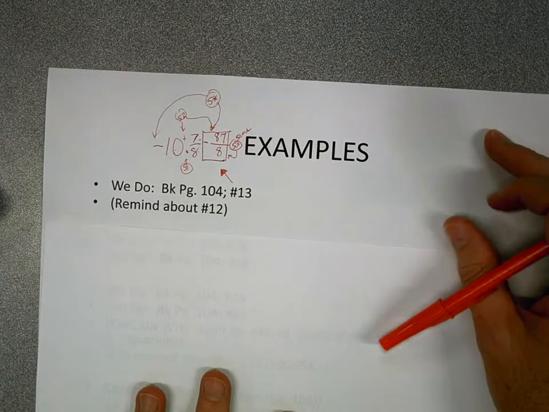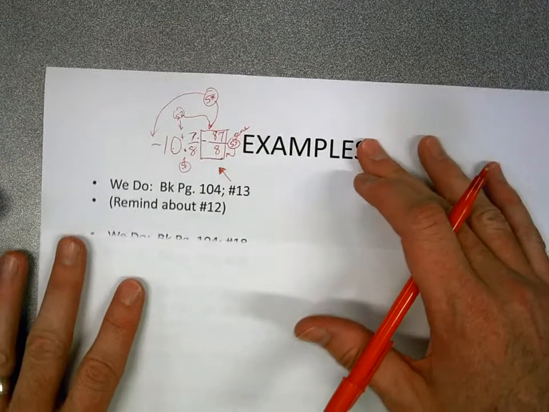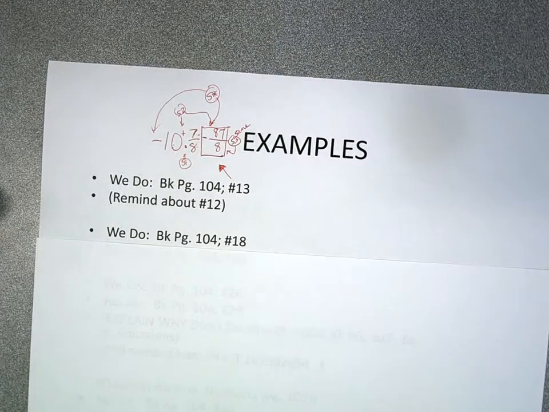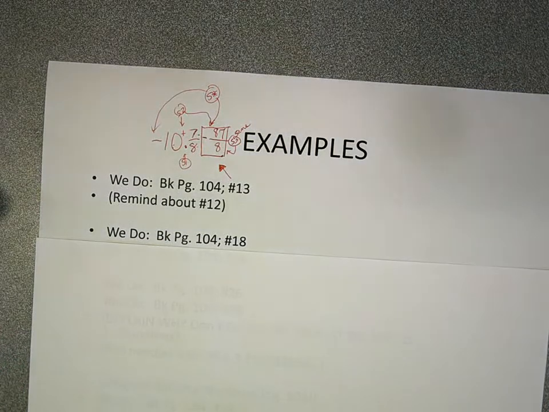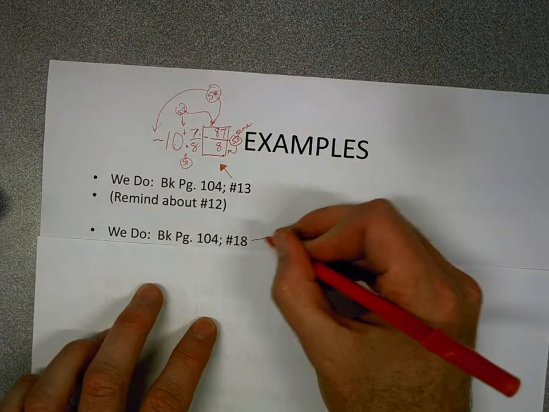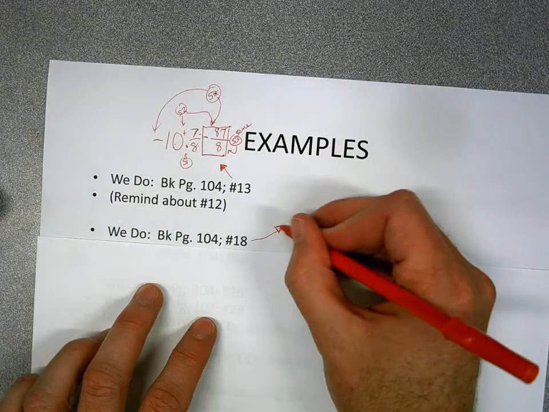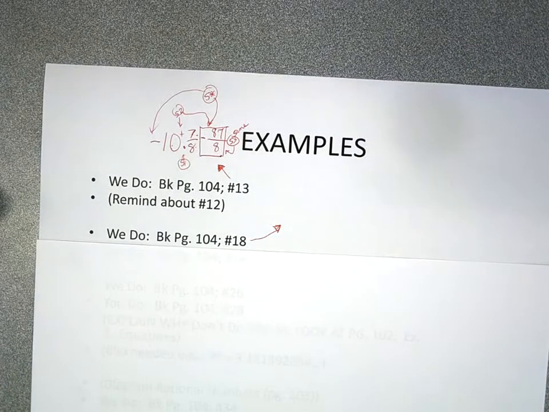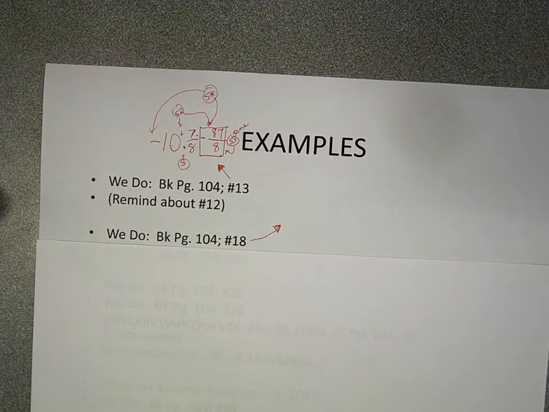Okay, let's get into more of a 7th, 8th grade problem. You probably did this in elementary school as well, but let's review this one. It's number 18. The directions say write each decimal as a fraction or mixed number in simplest form. So we are converting.